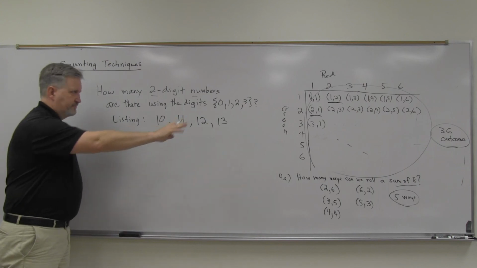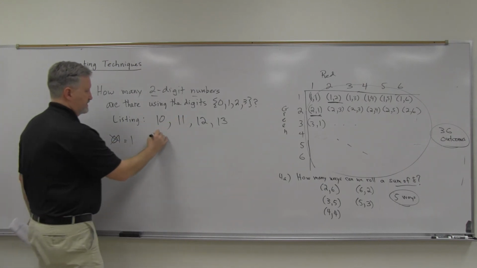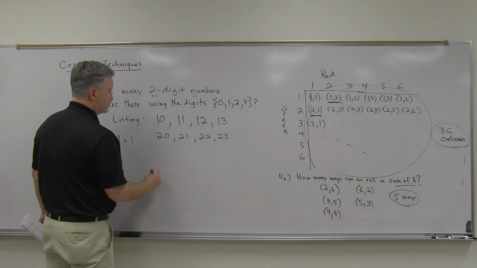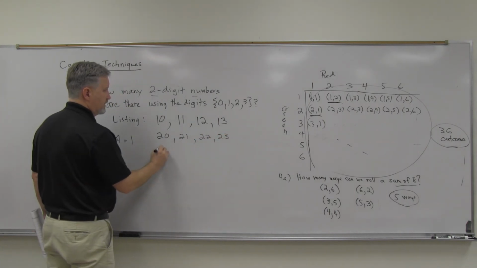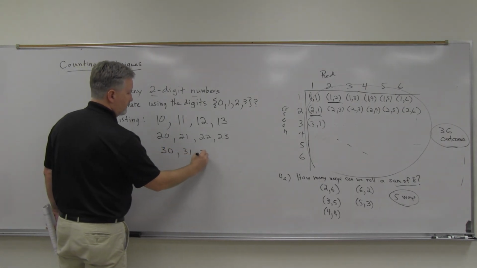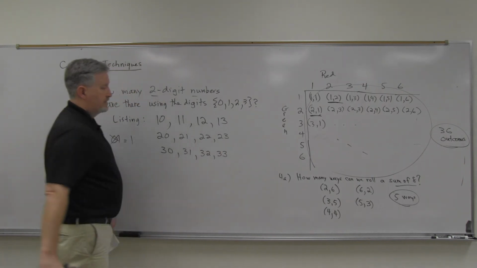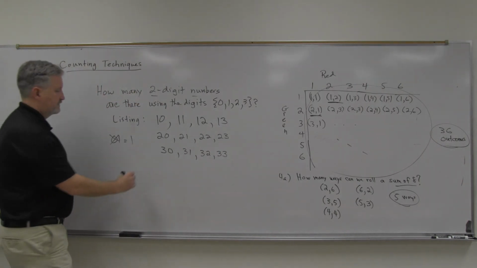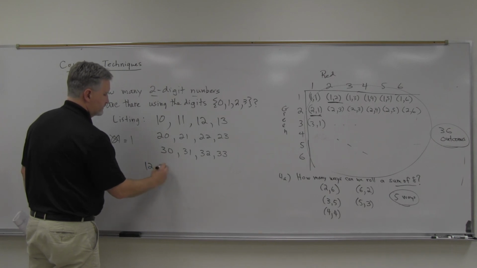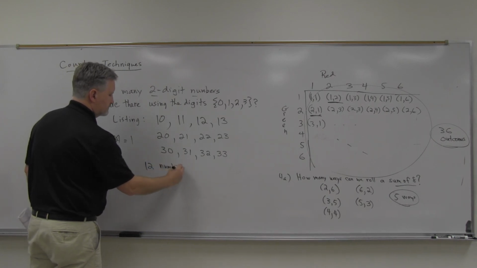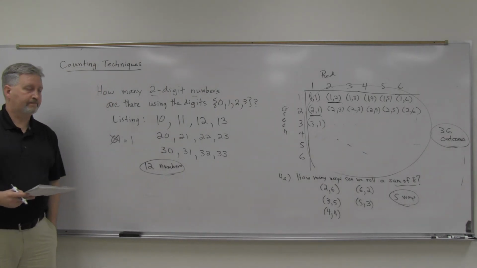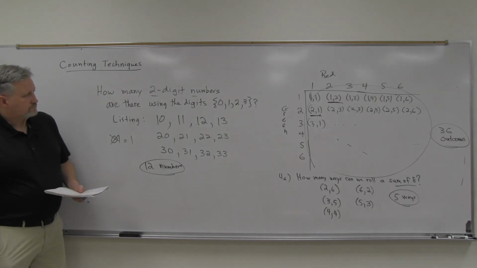I'm just going to do the first digit 1, then the first digit 2, so I have 20, 21, 22, 23, and then the 30s: 30, 31, 32, and 33. So there's 12 numbers. All right? Any questions about that?